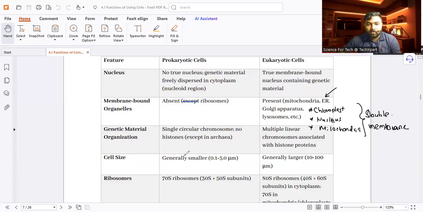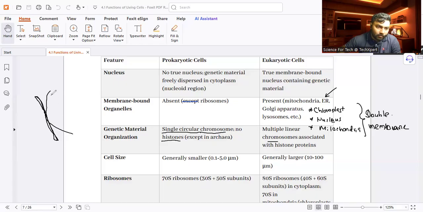Both of these cells have chromosomes, but in the prokaryotic cell there is only a single circular chromosome, and there are no histone proteins. Histone means a kind of protein, okay? That means chromosomes are usually like this shape.